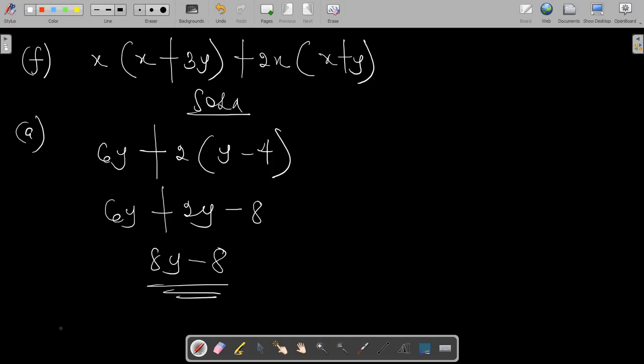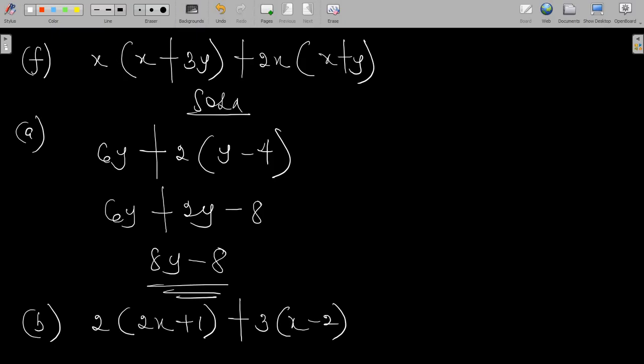Now let's pick up the second one. We have B. So we have 2 into bracket 2x plus 1. Then this is actually 3 into bracket x minus 2. So the first thing we need to do here is to multiply this 2 with this one here, the same 2 to multiply this.